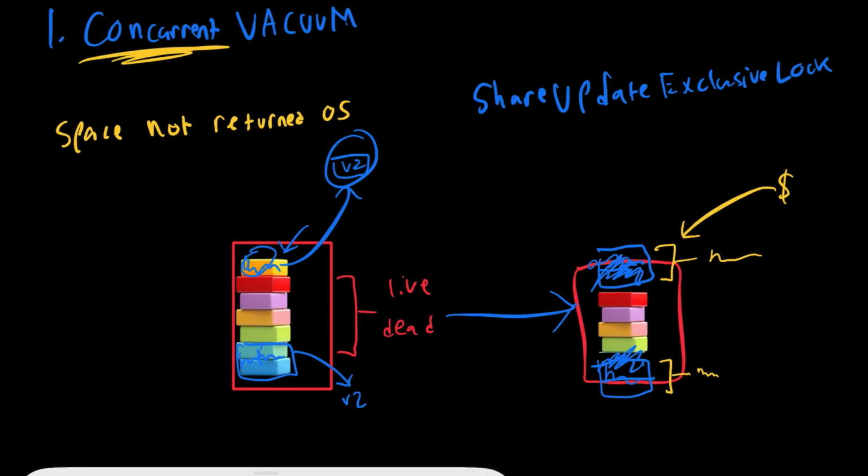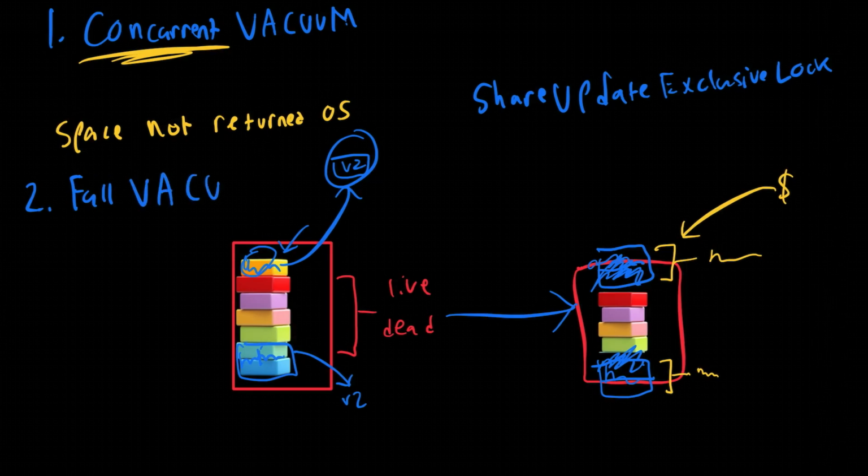The second type of vacuum that a lot of Postgres developers will be familiar with is the full vacuum. The full vacuum still serves the same purpose, but there are a couple of slight differences. Like we were talking about earlier, in this case the space actually is returned to the OS, which means that we are rewriting the table to a new disk file.